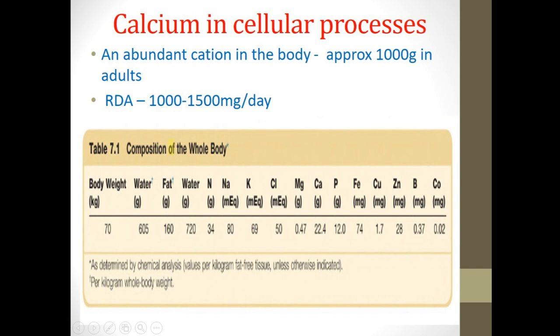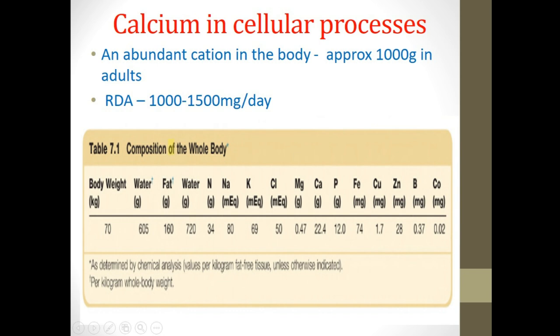So what is the composition of these components in our body? For example, water is 605 grams for a person of 70 kg. Similarly, fat 160 grams, and water inside and outside the cell, 720 grams.